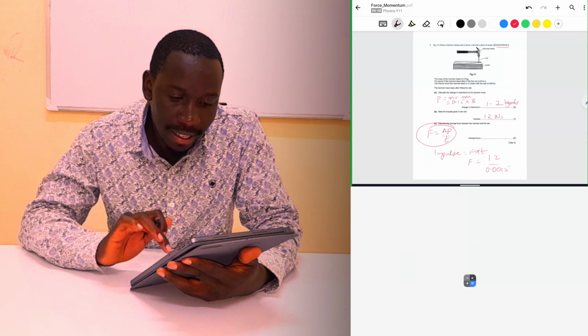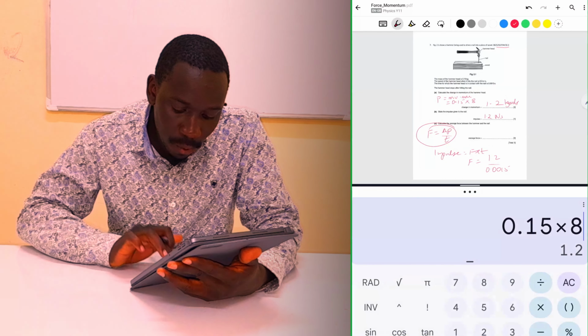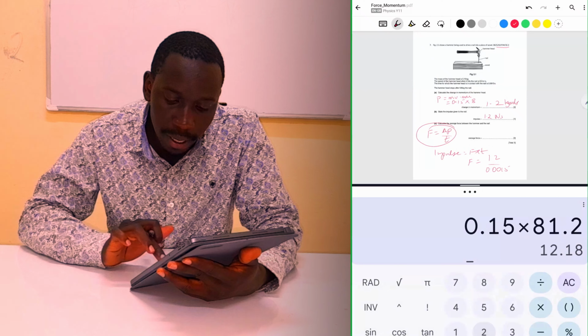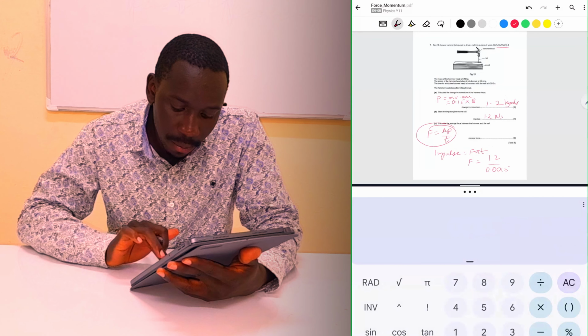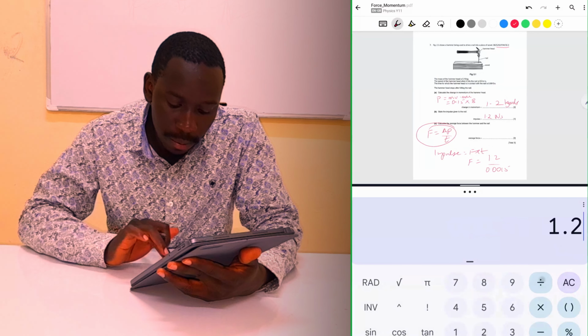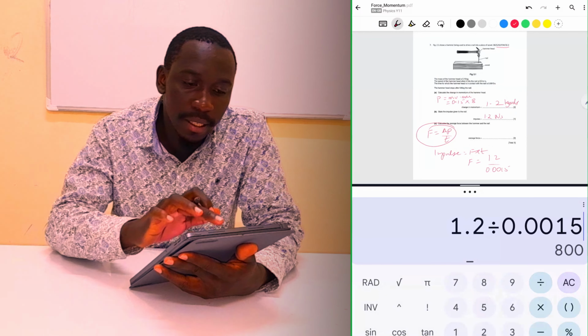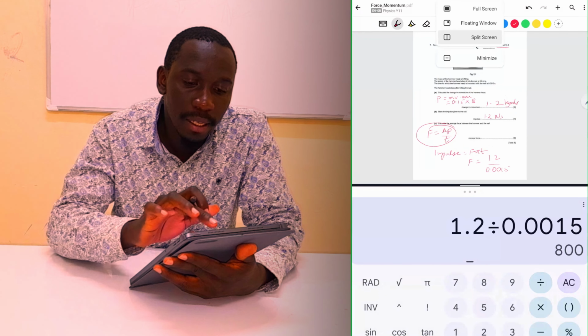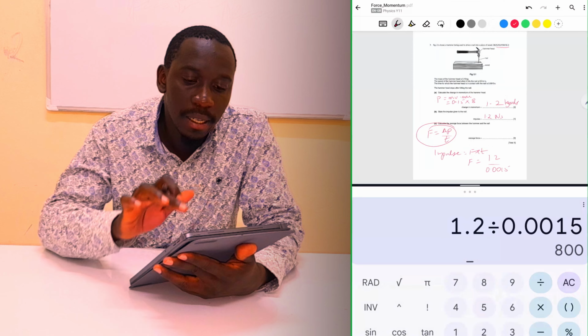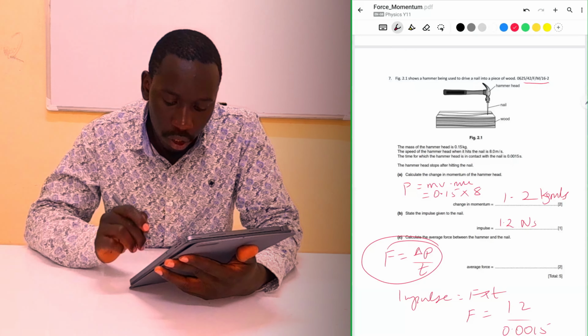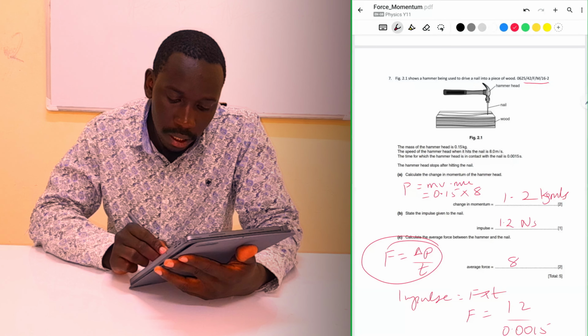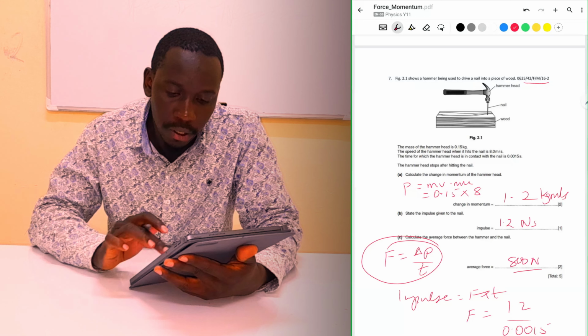And once again, we consult our calculator. So that is 1.2 divided by 0.0015, that gives us 800 newtons.